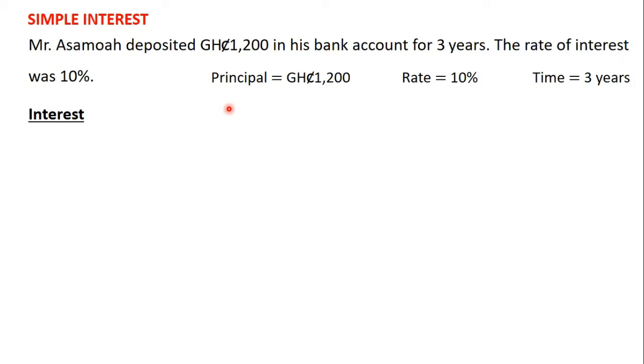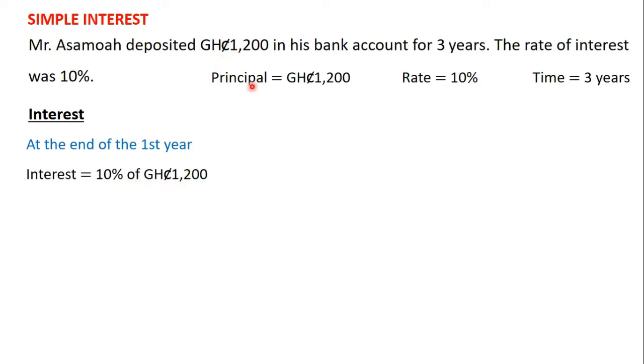As we learned in the previous video, at the end of the first year, Mr. Samuel's interest will be 10% of his deposit or his principal. Now 10% is the rate of interest. So at the end of the year, his interest is going to be 10% of his principal or his deposit.